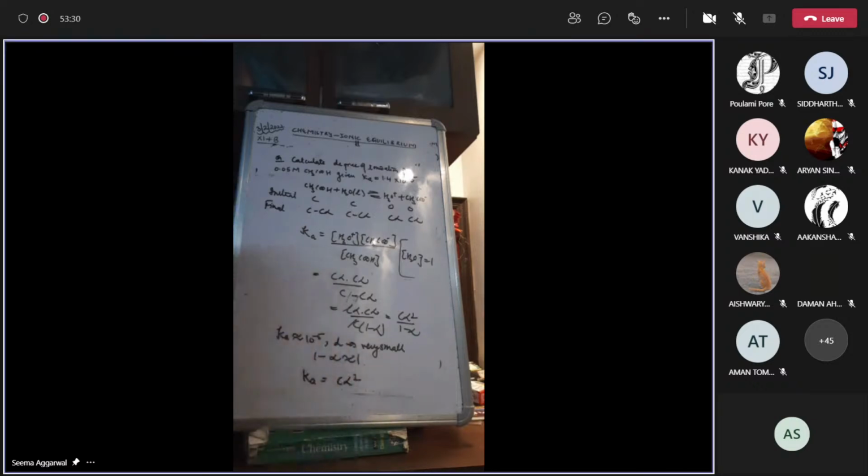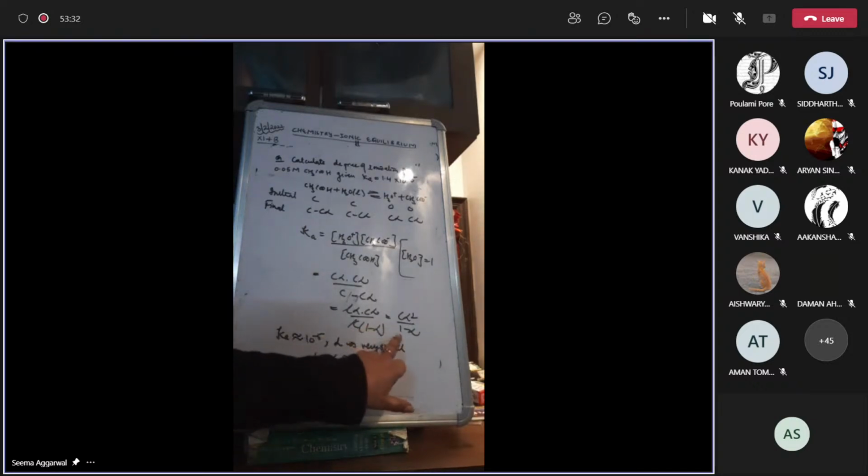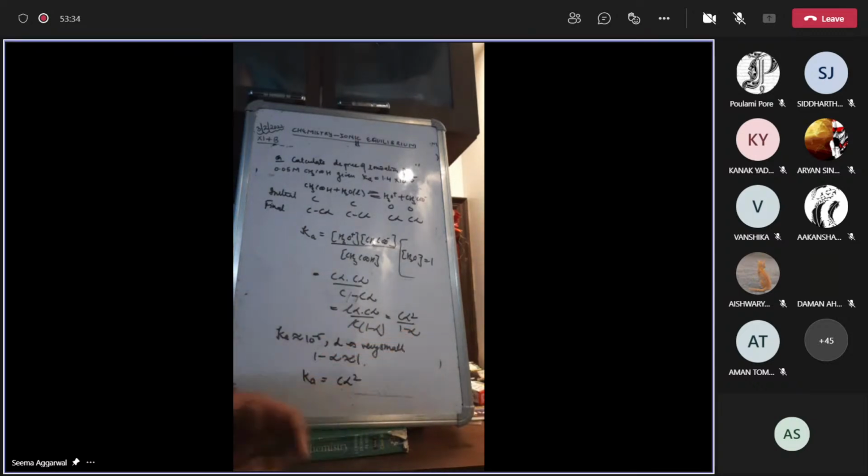So Ka is equal to C alpha square, because alpha is very, very small, so it is almost 0. If Ka is of the order of 10 raised to power minus 5, alpha will be almost equal to 0, so 1 minus alpha is equal to 1. So I can write Ka is equal to C alpha square.